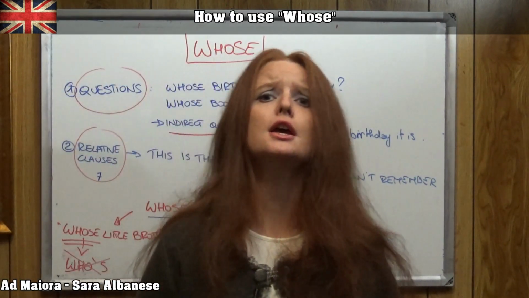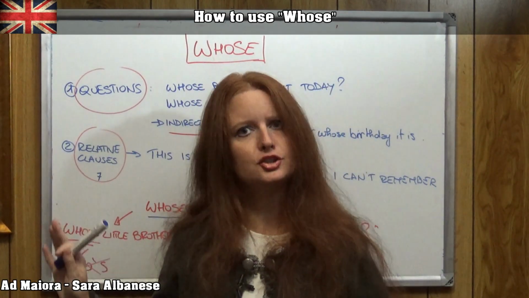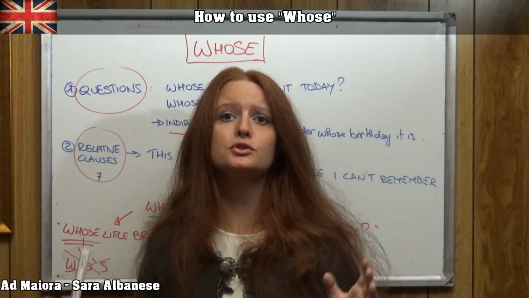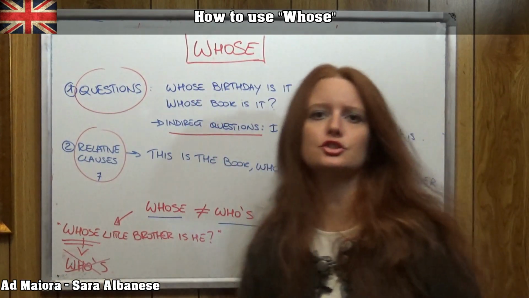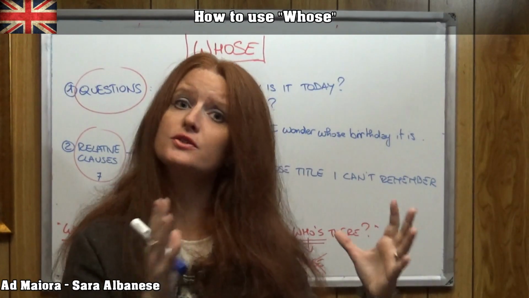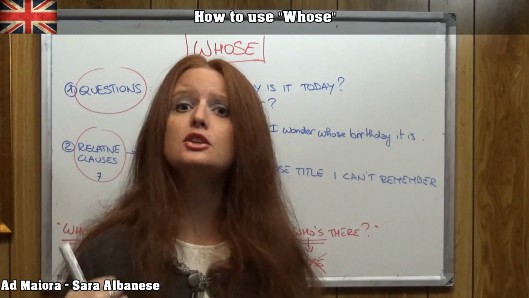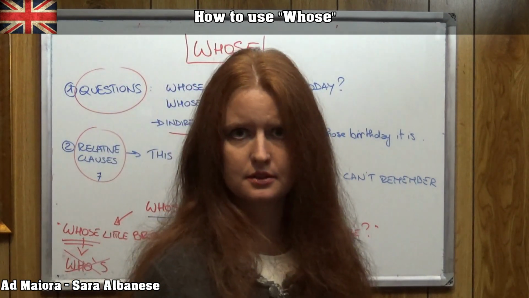Now, pay attention, we use it with the same meaning not just for questions, so interrogative sentences, but also for indirect questions. You know that indirect questions mean that the meaning of the clause is the same, but it doesn't have a question mark because it is introduced by another sentence.